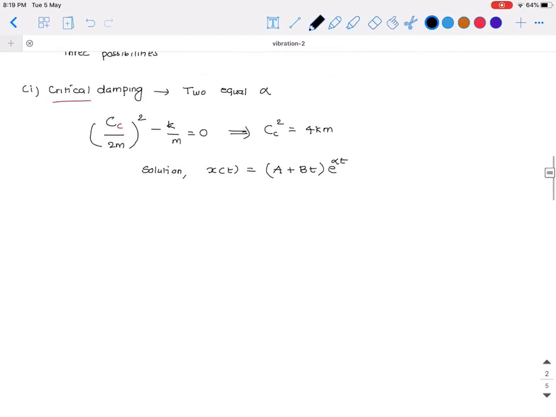Okay, that is case one, which we call critical damping.